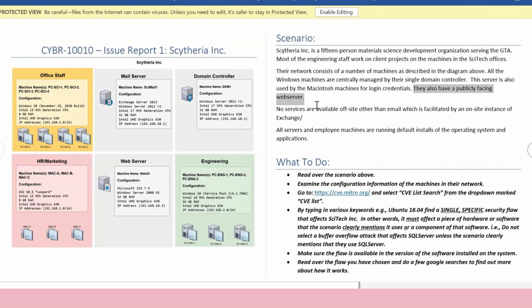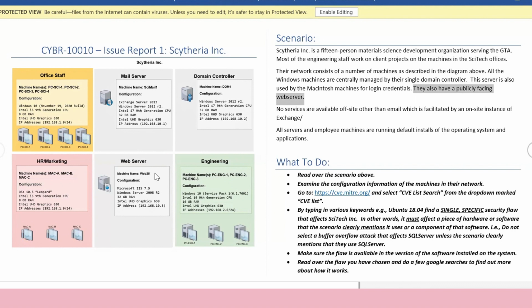That's why it says publicly facing, this web server. No services are available off-site other than email. So it means for you to make use of any service here, you have to be in their internal network, within the premises, or it's not going to work.